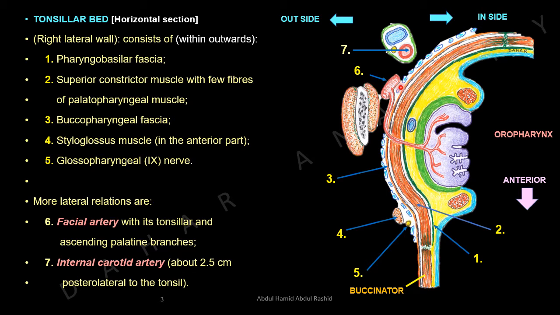More lateral structures related to it is number 6, the facial artery and its branches, the tonsillar branches and ascending palatine branches. And number 7, slightly behind and lateral, is the internal carotid artery. It is about 2.5 centimeters posterolateral to the palatine tonsil.